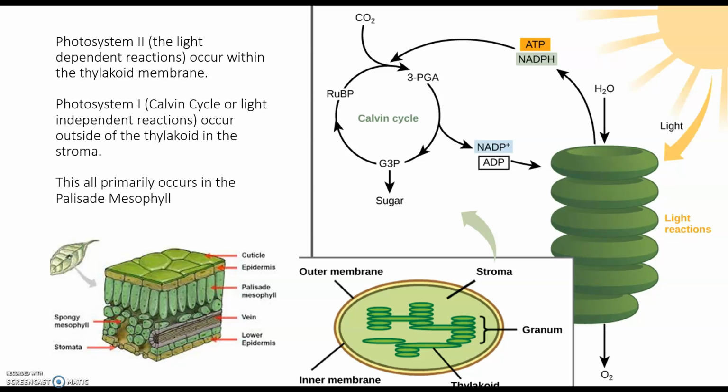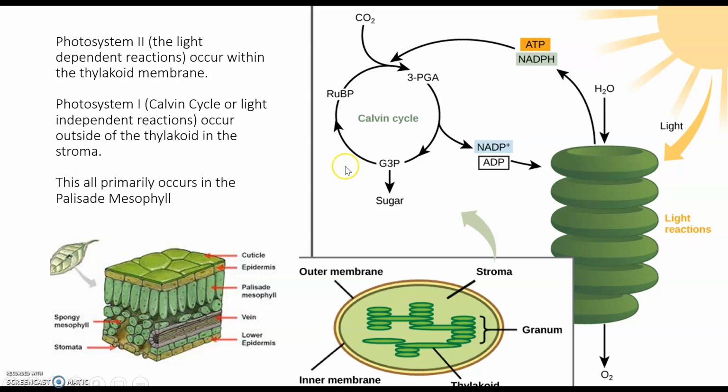All right, so review. Photosystem 2 are the light-dependent reactions. They are occurring within the lumen and specifically the membrane of your thylakoid, right through here. Photosystem 1, also known as Calvin cycle or the light-independent reactions, occur outside of the thylakoid in the stroma.